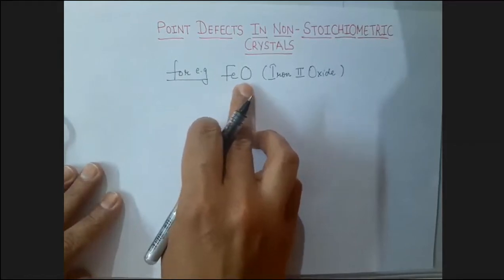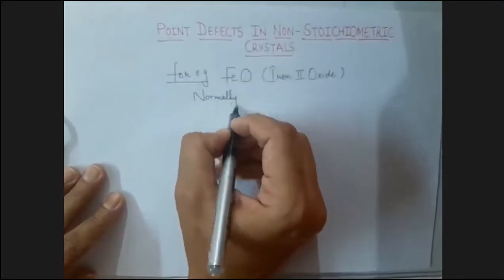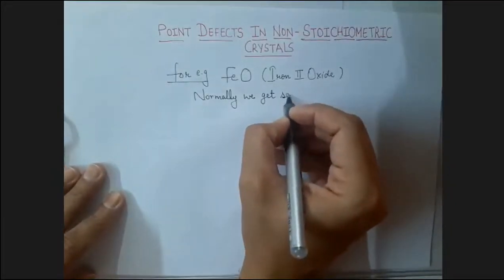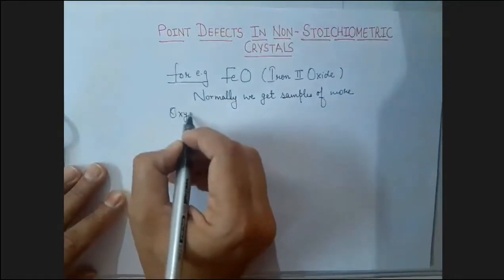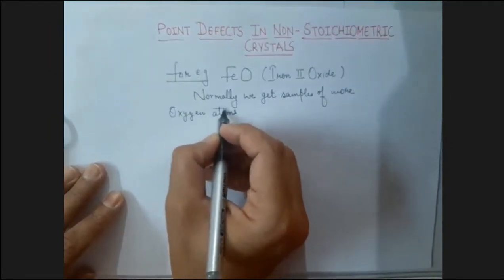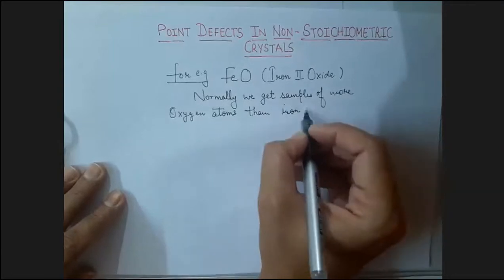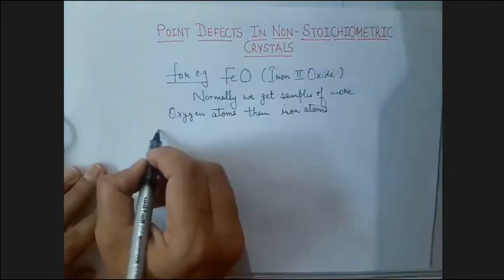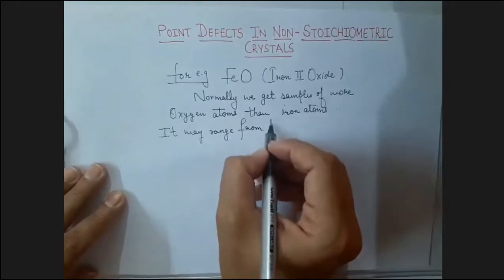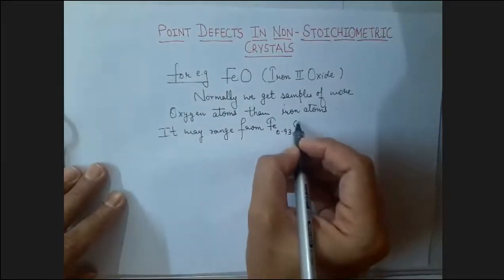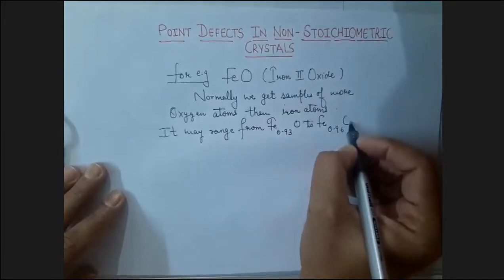Normally, we get samples with more oxygen atoms than iron atoms. The composition may range from Fe0.93O to Fe0.96O.